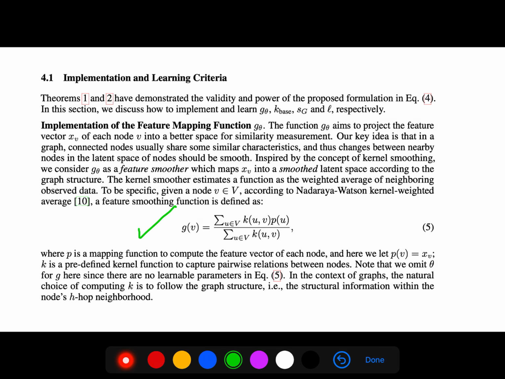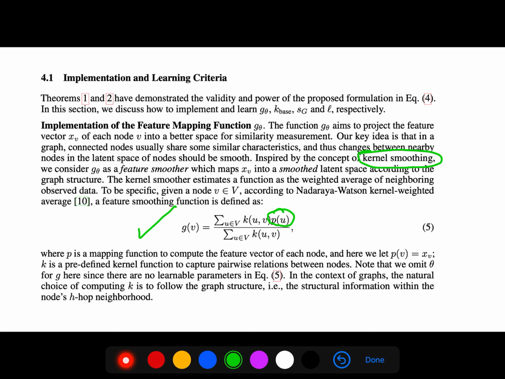The idea is that connected nodes usually share some similar characteristics, and thus changes between nearby nodes in the latent space should be smooth. So, inspired by this kernel smoothing idea, we can consider g as a feature smoother, which maps X into a smooth latent space.